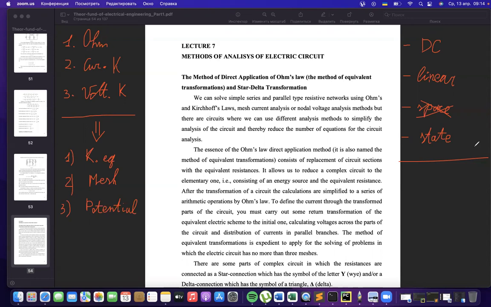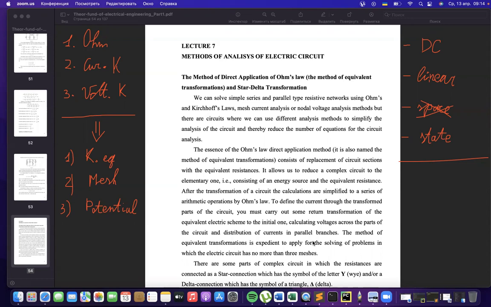Today we are going further, to look through what we have for the next mathematical operators, for the next methods. Why do we use different methods? Just to simplify our calculation. Because in some situations one method is simpler, in other situations another method is simpler.